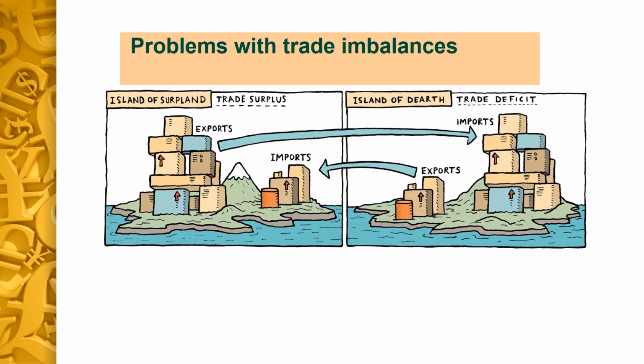Now remember, when I have a trade imbalance, whether it was a surplus or a deficit, this would lead to problems in an economy. Therefore, let's see here what are the problems that we will face from either having a surplus or a deficit.